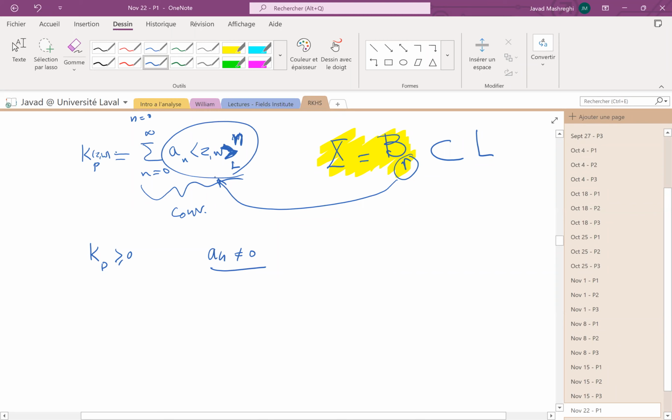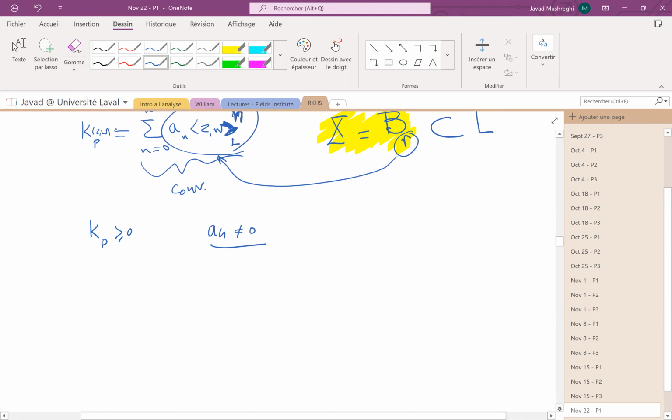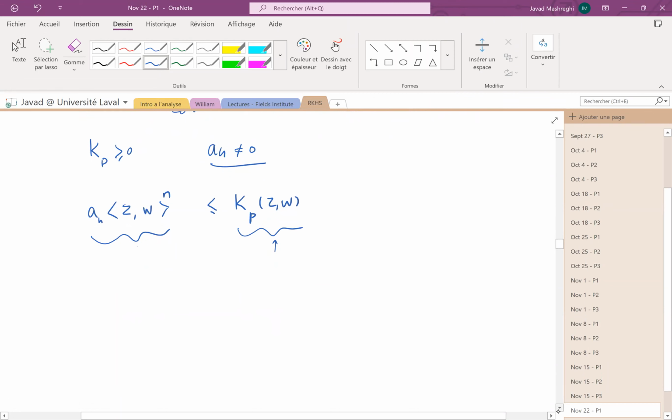But if it is not 0, then we see that the term <Z,W> exponent n, a_n lives there, it's not dead, and it's less than or equal to our K_P(Z,W). So all elements which are created by this kernel are in the space created by this space too, because of the product that we saw before.